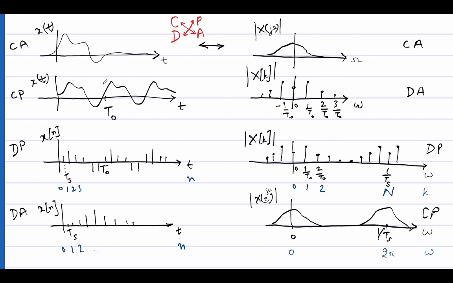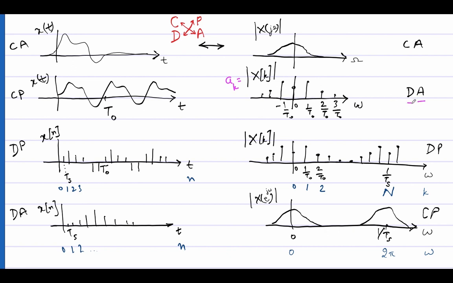Now let us look at the next signal. If I make this periodic, if my x(t) is periodic, then the corresponding Fourier transform, which we saw as a_k, is discrete and aperiodic. Continuous becomes aperiodic and periodic becomes discrete.